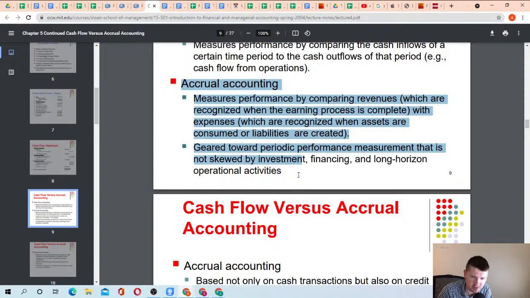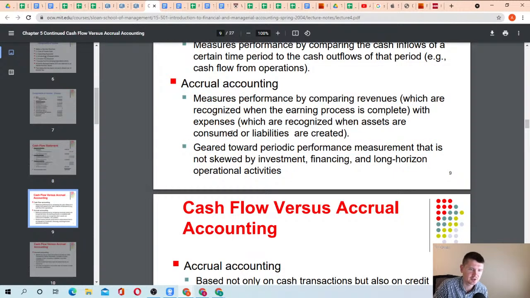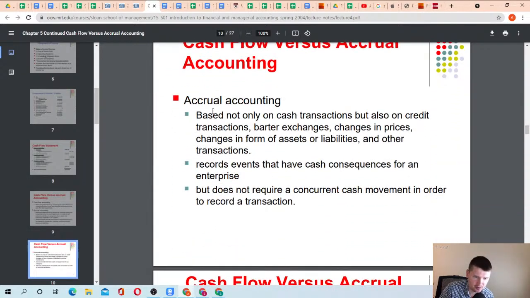And accrual deals with revenues and expenses when revenues are earned and expenses are incurred. So they add here that it's also credit transactions, barter exchange, change in price, changes in form of assets or liabilities, and other transactions.